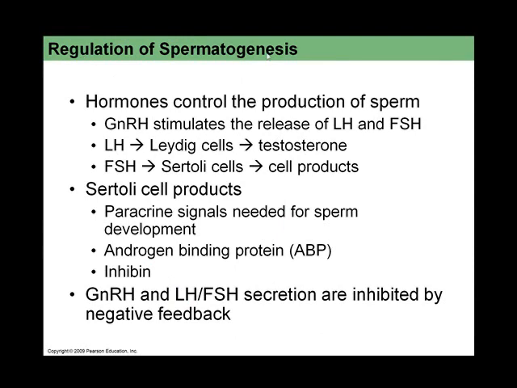So let's consider the regulation of spermatogenesis. So the hormones control the production of sperm. GnRH for the gonadotropins. The LH, as we said, targets the Leydig cells, the interstitial cells, to support the testosterone synthesis and secretion. FSH on the Sertoli cells to generate cell products.